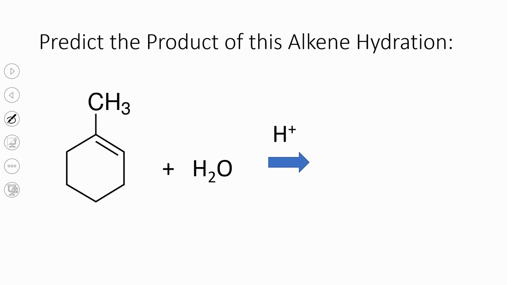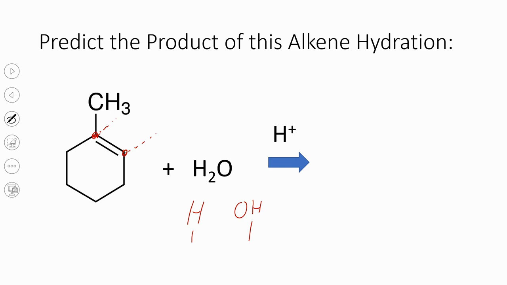Basically our question is, we know this is going to split off and we're going to get an H group and an OH group on our double bond somewhere. The only places this can add is this carbon or this carbon, because it has to be attached to the double bond. So we're just deciding, does our OH add here or does our OH add here?